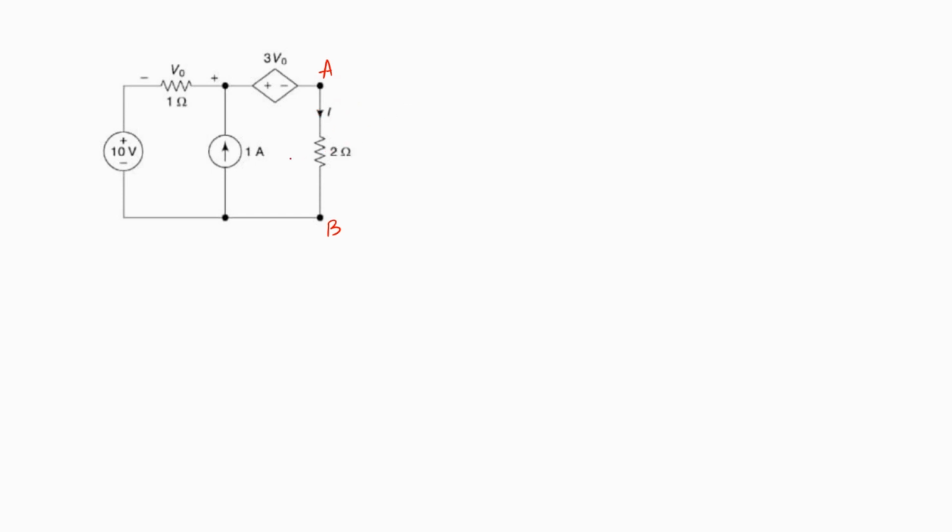Now, we can open circuit the 2 ohms resistor, which is the second step. In that case, we would obtain the circuit as 10 volts with V naught in this manner in this 1 ohm resistor, 1 amp current source.